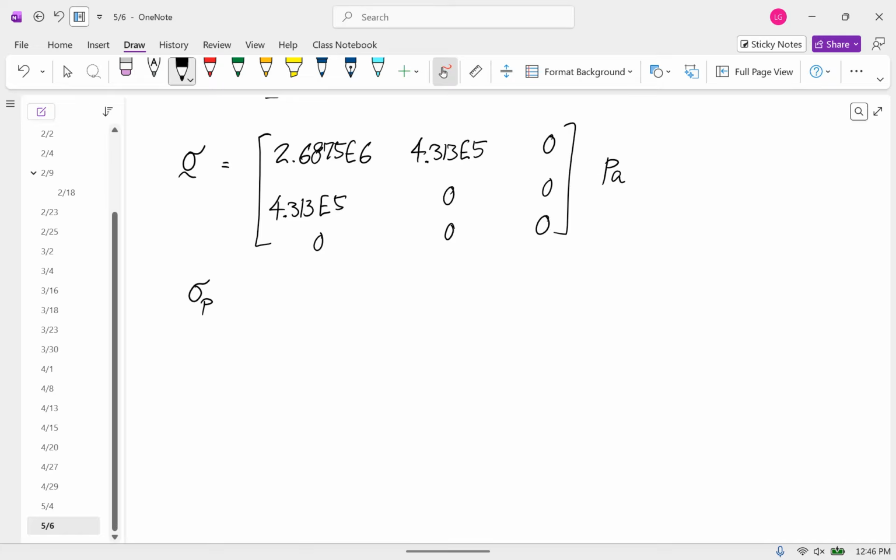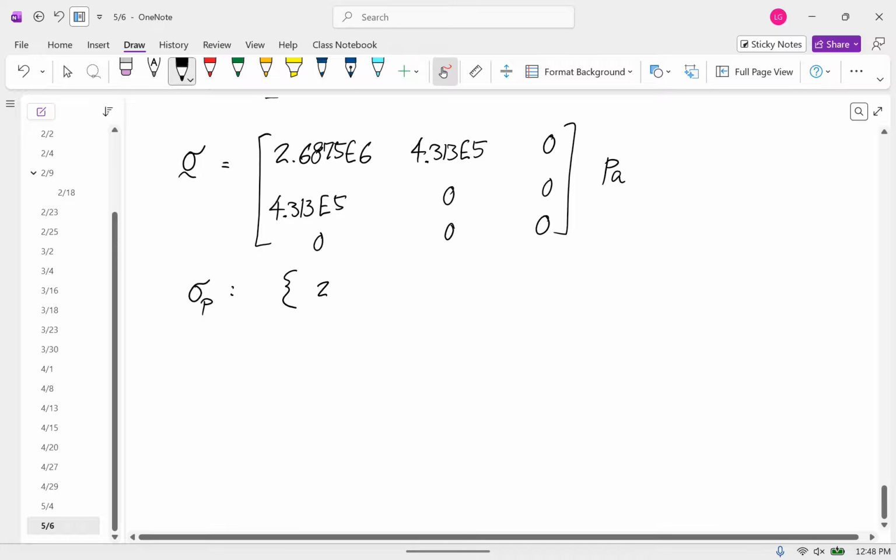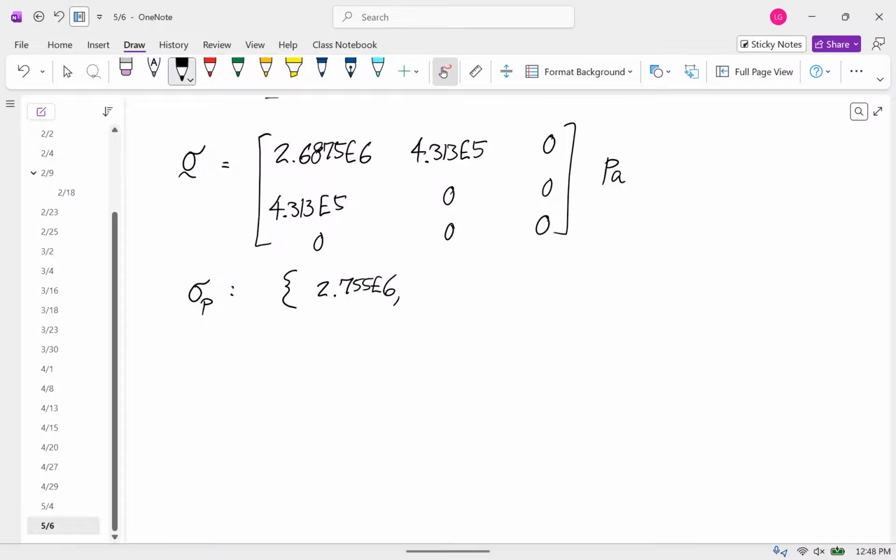So the principal stresses are, I got 2.755 times 10 to the 6, negative 67,520, and 0. So the first one is the max, the second one is the min, the third one is the middle.